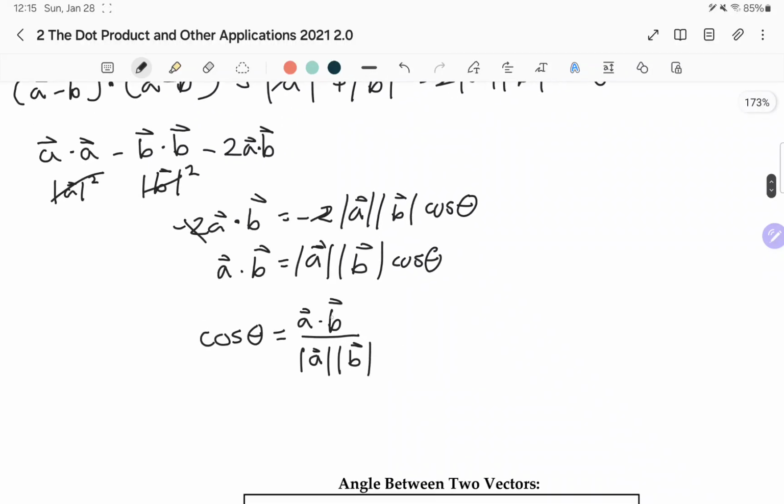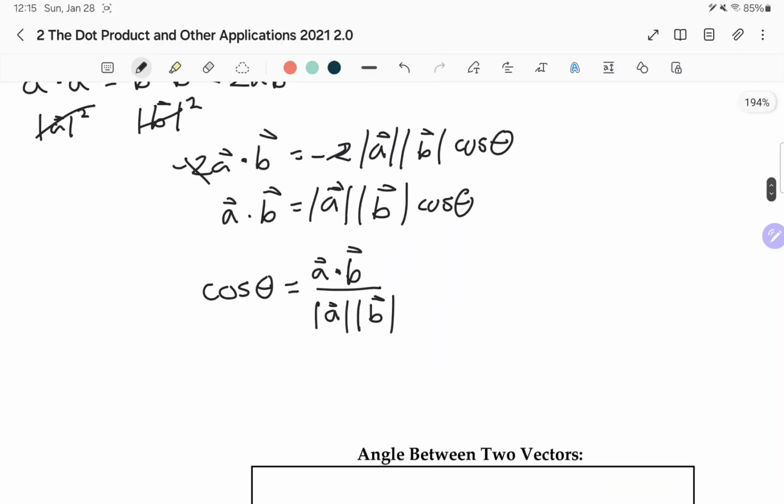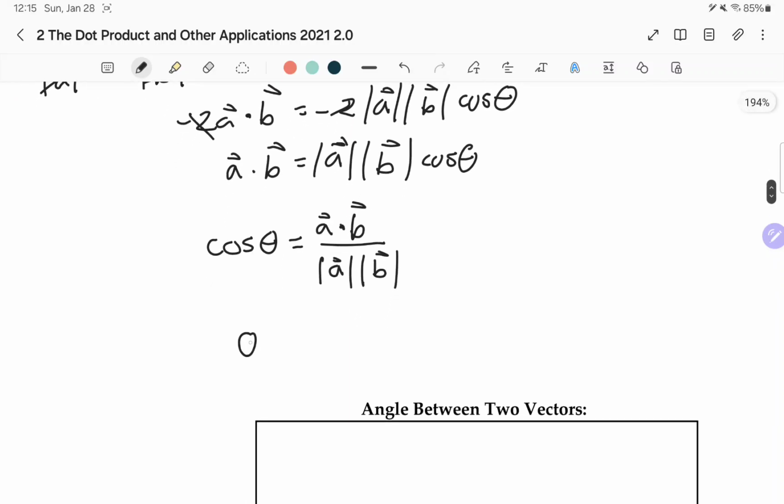And remember, the dot product is a number, right? And this is also a number. So that means we can actually take the inverse cosine of this. So we can get theta is equal to arc cosine, or cosine to the negative 1, of this value. And I'm sorry, all these things are supposed to be vectors.